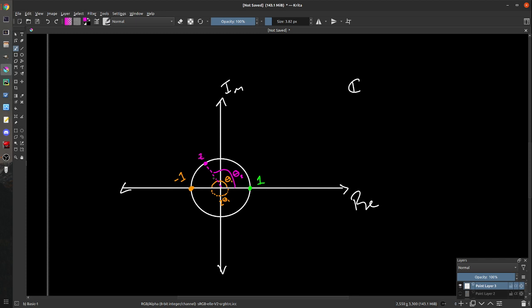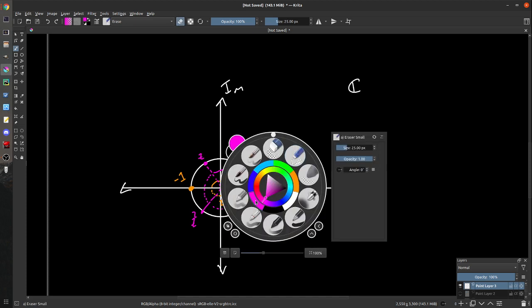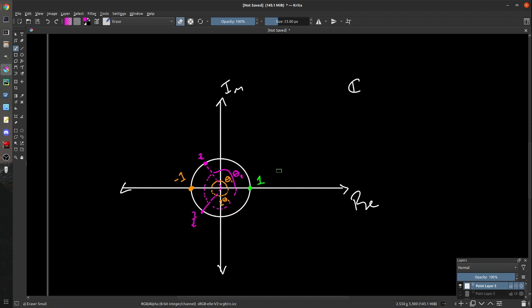If I've done this nicely, then I should be able to go a little bit further, do a second theta 2 and get to z squared, right? And then I should be able to go again and get back to 1. Oh, look. Hey, how about that?